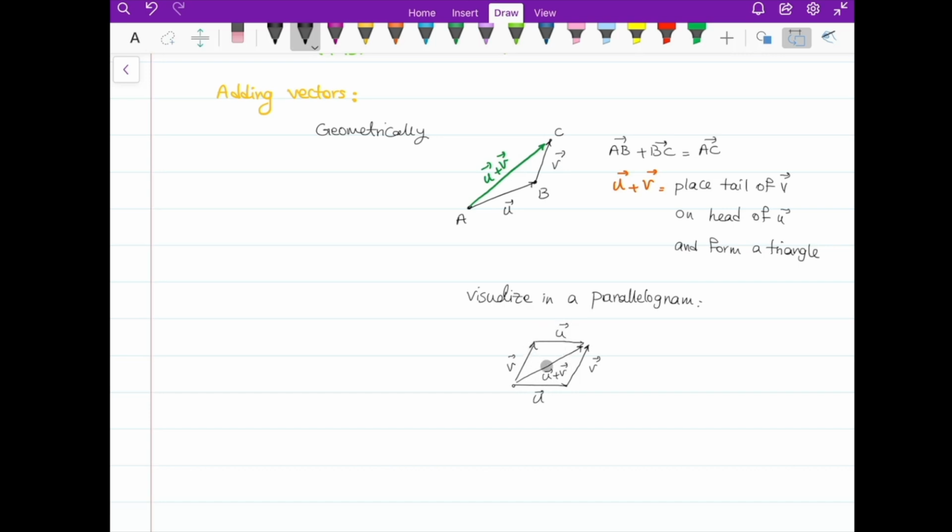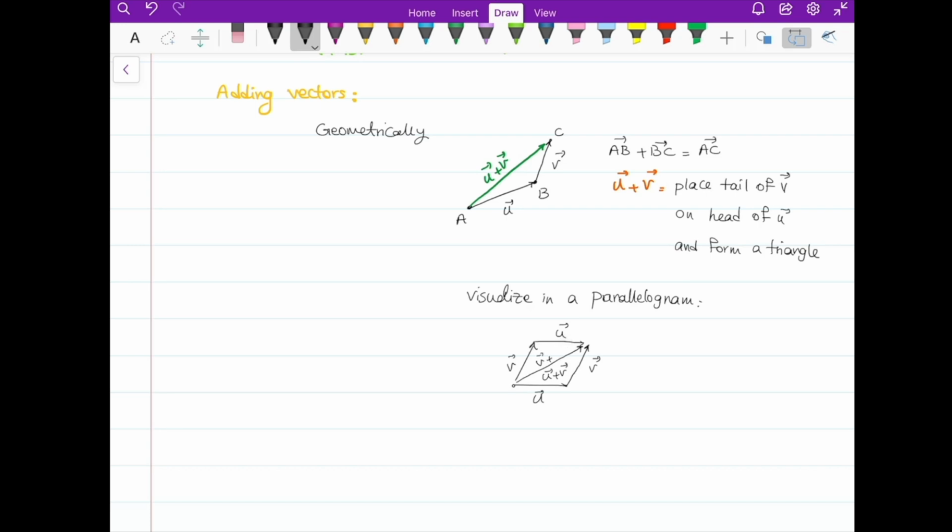So I have a parallelogram, and this side of the parallelogram would be the addition. So as you see, based on that, I have U plus V, which is this one. This vector is exactly V plus U as well.